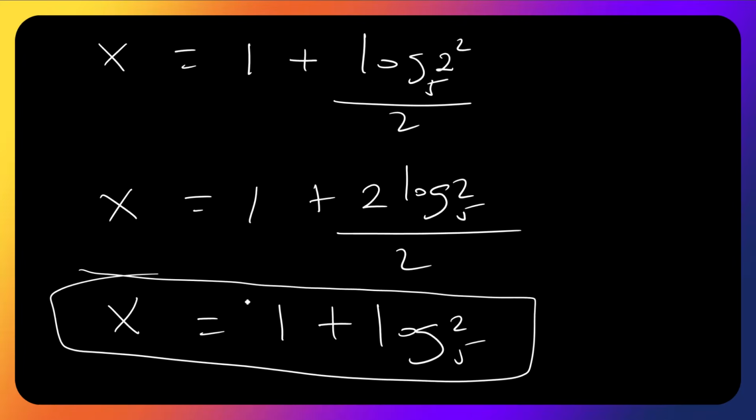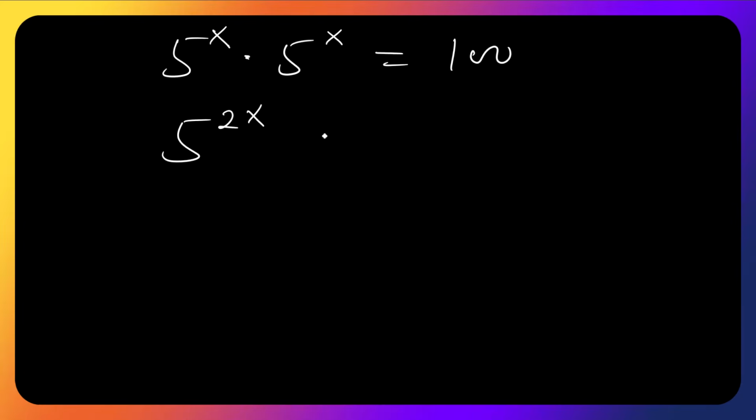Okay, so let's try if we can recall. We were given 5 to the power x times 5 to the power x equals 100, which is the same as 5 to the power 2x equals 100. Now let's do substitution here and see.